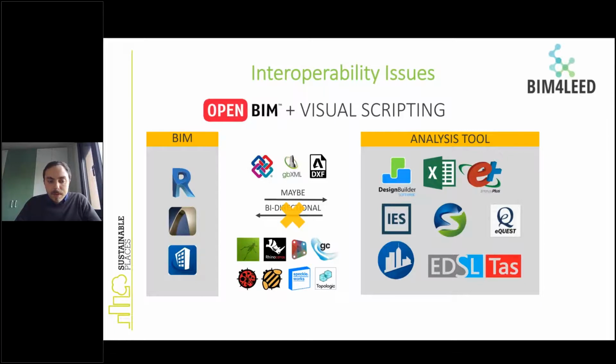And so to enable bidirectional interoperability it is useful to also use other visual scripting tools, tools that allow the designer to put the data from one software to another in a more free way and a more specific way for the specific project, and solve some issues that interoperability right now has with IFC, gbXML, and DXF.